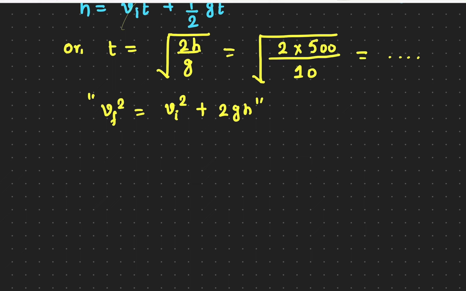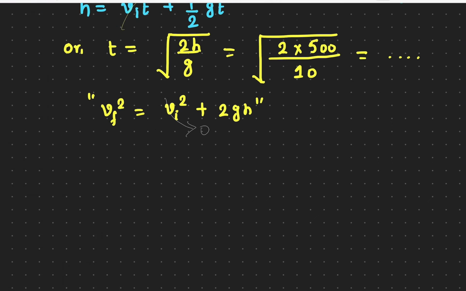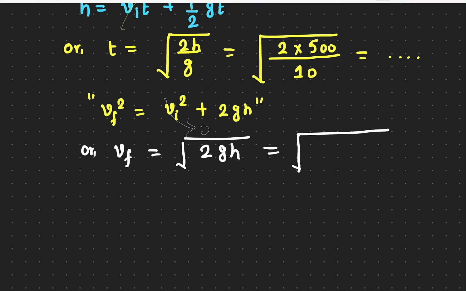In this equation the initial velocity is 0, so my final velocity Vf is simply equal to the square root of 2gh. So you know all the information here: 2, g value, let's say 10, height is 500. Just solve it now, and you'll get your number here.